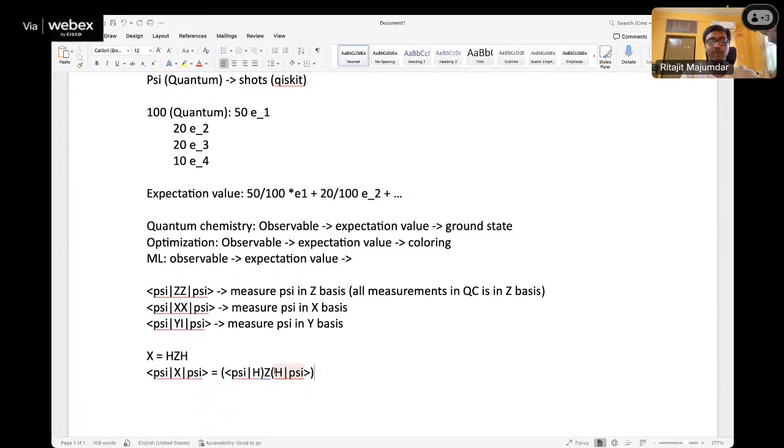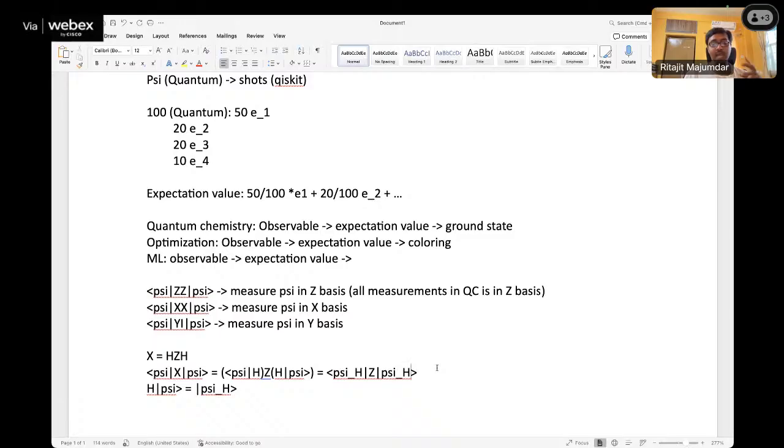If you apply the Hadamard gate, your basis changes from X to Z. So if I write H acting on psi as, say, psi H, then this is exactly equal to saying this. And I know how to do this because I need to observe the system in the Z basis and my quantum computer can do that.